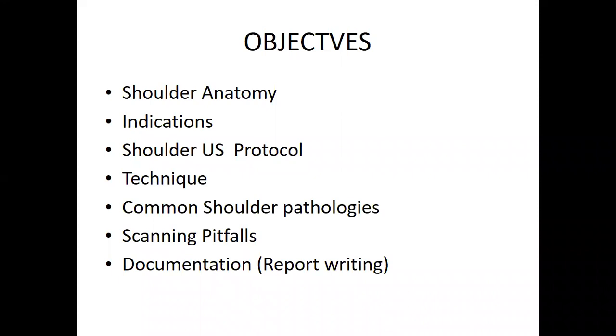Then I will also give some samples of documentation on how to report. Half the time, we see the pathologies and we don't know exactly what to comment on. So I'll try to stress specific things that we are supposed to record.